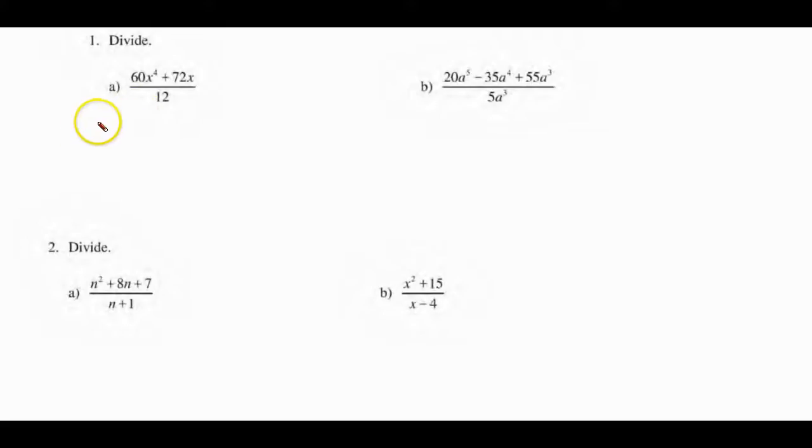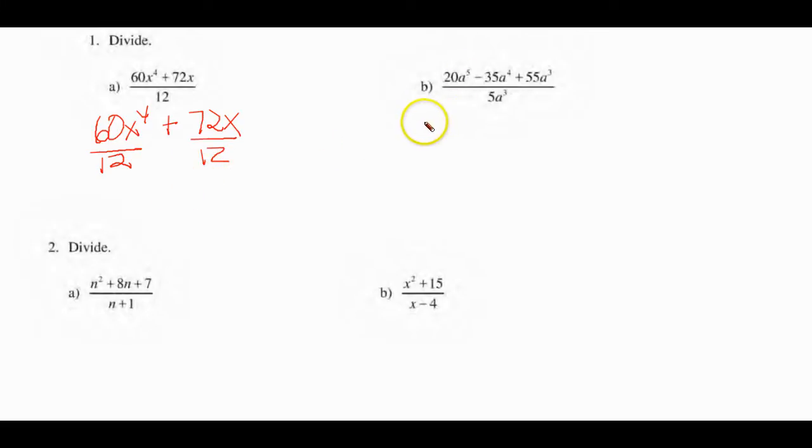So basically what you do is you take the 60x to the 4th and the 72x. Now instead of having it over a common denominator, you separate them so each term is over the denominator.